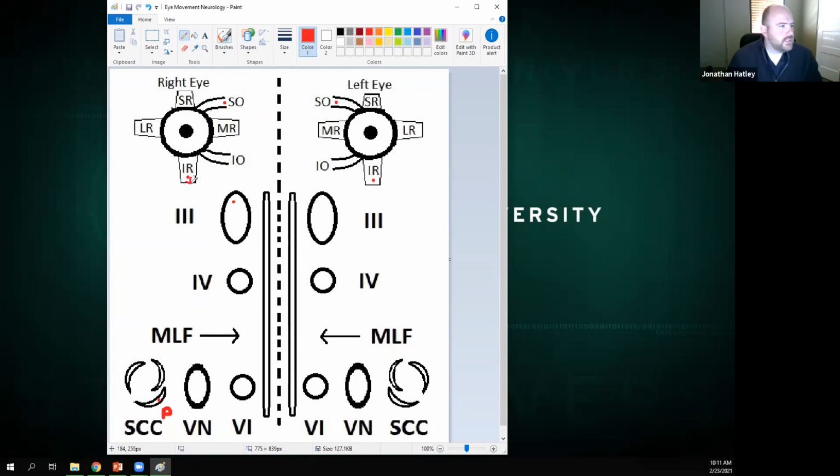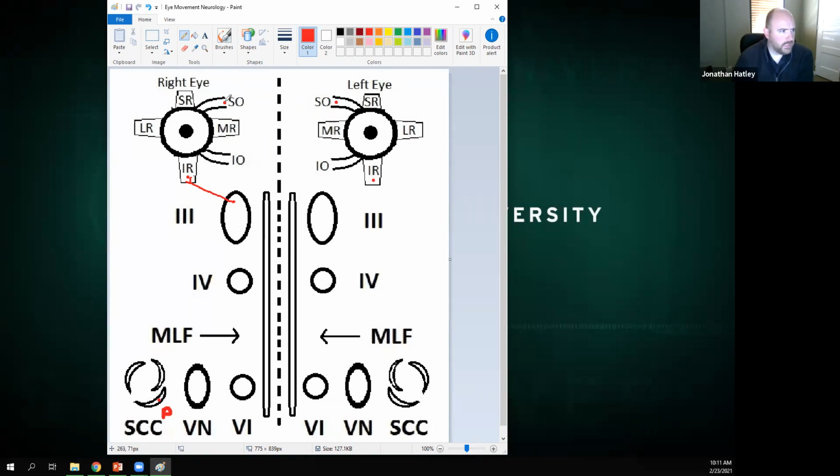And so in this instance, this signal had to travel from this particular cranial nerve nuclei. If we stay with the connections here for the right eye, then we need to know where the superior oblique connections came from to get here.